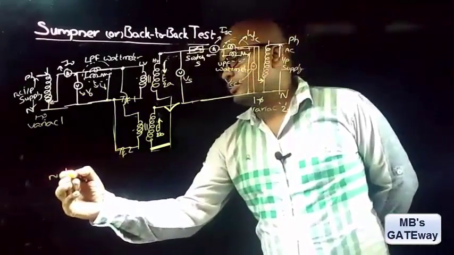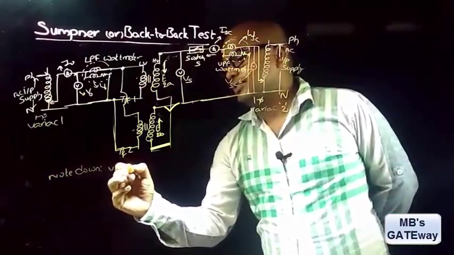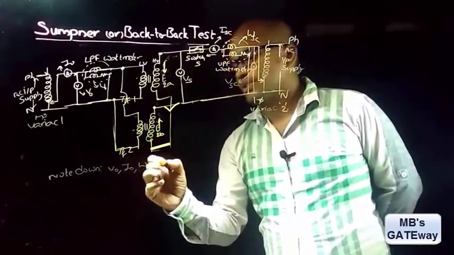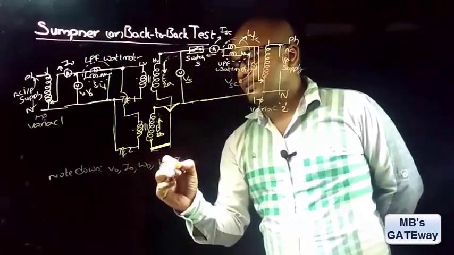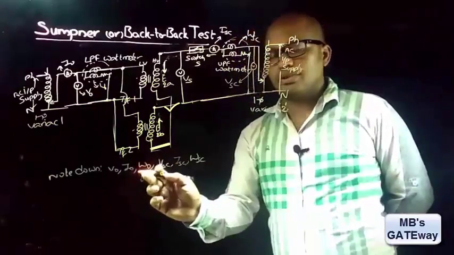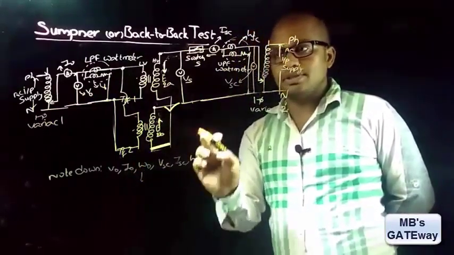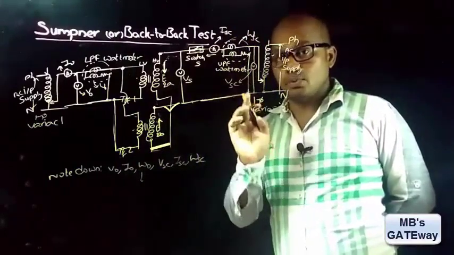Therefore, note down the V0 reading, I0 reading, W0 reading, VSC reading, ISC reading and WSC reading. The W0 reading represents the iron losses of both transformers and WSC represents the copper loss of both transformers.